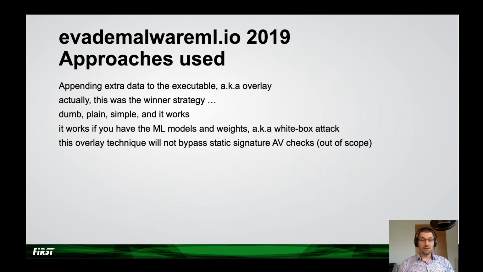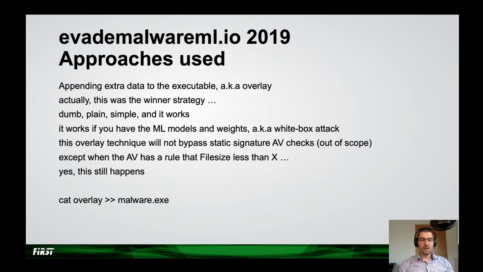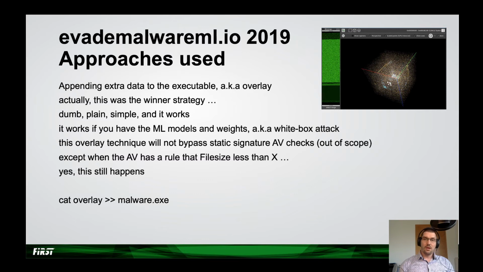This overlay technique by default will not bypass static signature antivirus checks, unless there's a rule in the antivirus where some of the checks only trigger if the file size is less than, for example, some megabytes. Basically what happens here is you create the overlay, append it to the end of the file, and you can win.